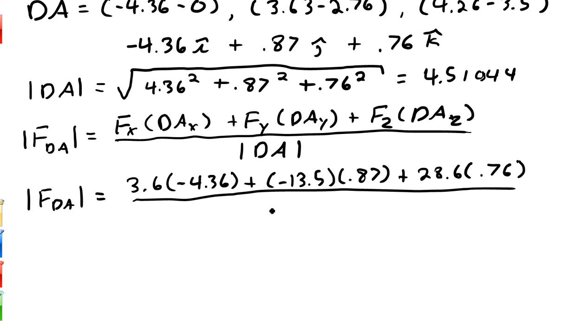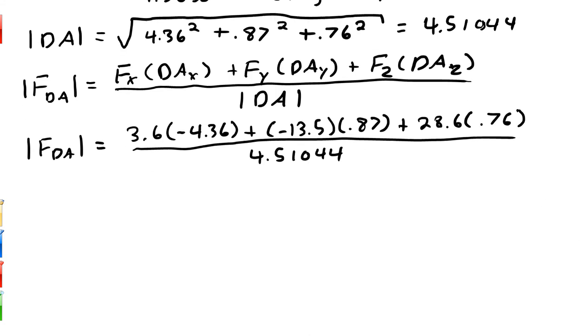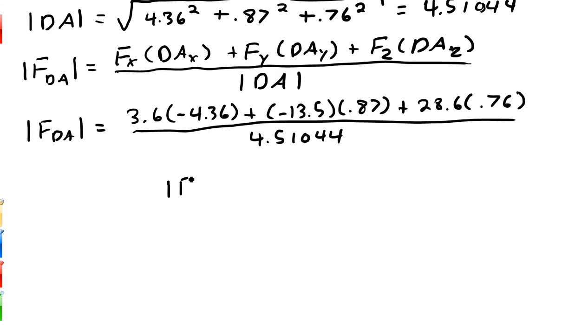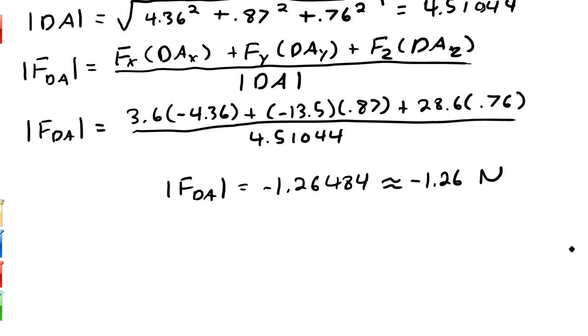And then our denominator is just going to be the magnitude, which is 4.51044. And when you do the math, the magnitude of F dA is going to be equal to a negative 1.26484, which, when you do sig figs, is just going to be a negative 1.26, and this is in newtons.